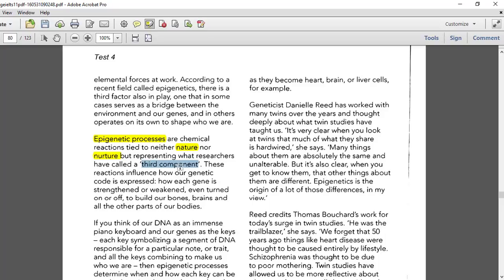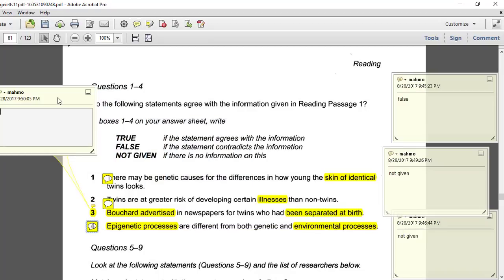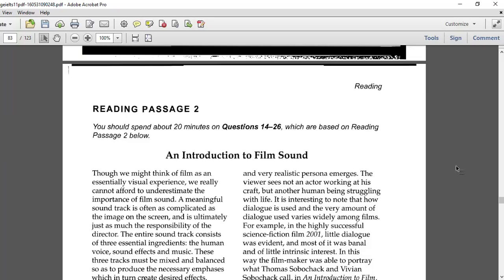It's a third component, so it's different from environment or genes. Yes, this is true. Number 4 is true. Okay? Got it? Good. Now move to question number 5.